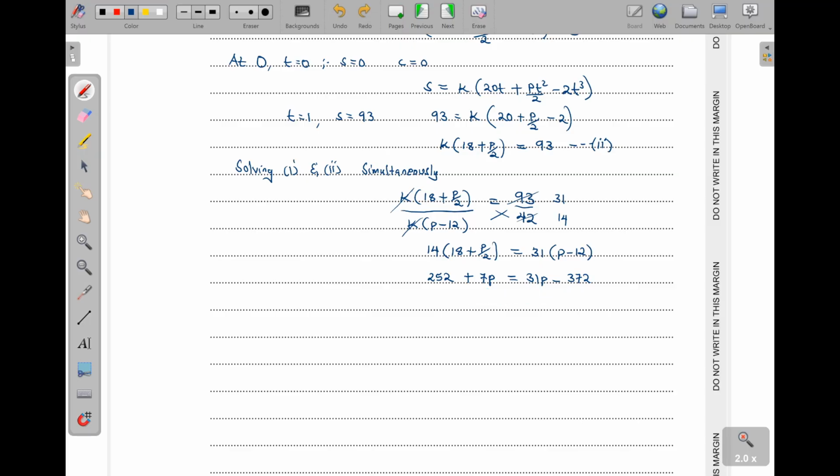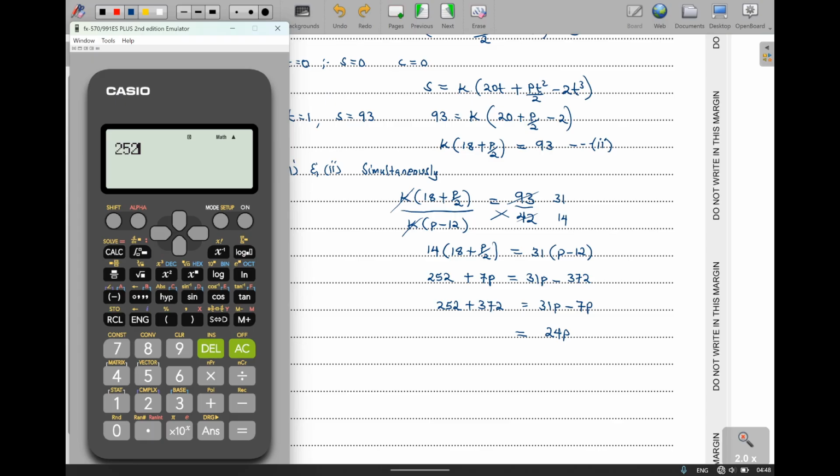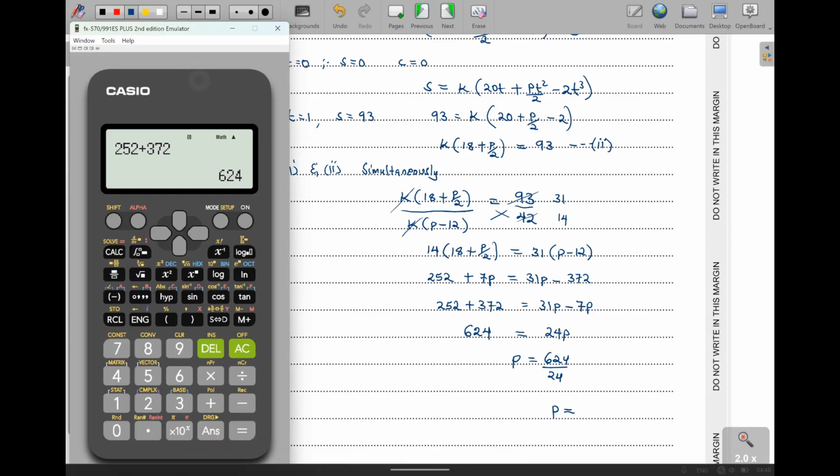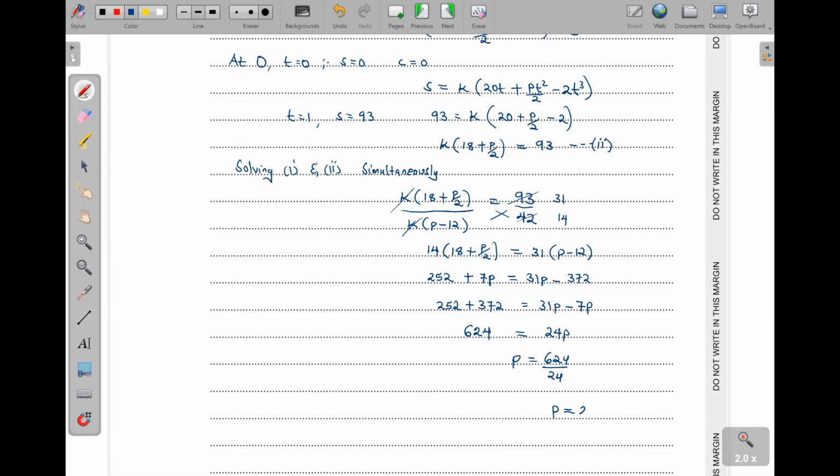So we can have 252 plus 372 is equal to 31p minus 7p. This one will give us 24p. 252 plus 372 is 624. So p is going to be equal to 624 divided by 24, that is 26.